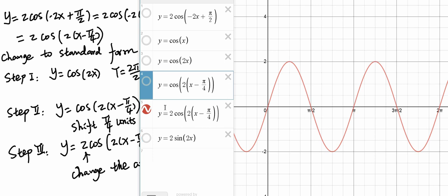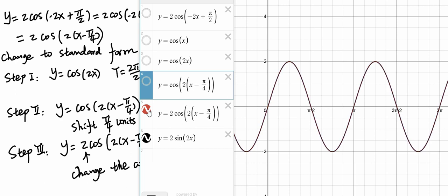So 3 steps, 1, 2, 3, you will get this one. Okay, by the way, this function can be simplified to this one. You see, they have the same graph, so those two are actually equal.